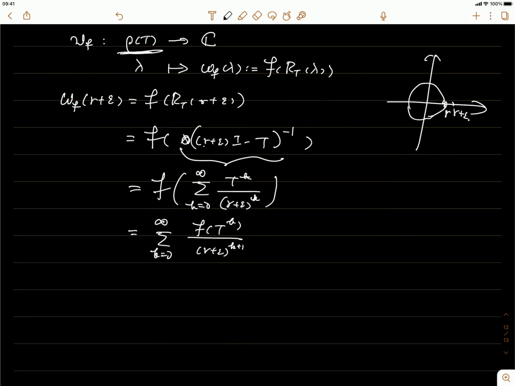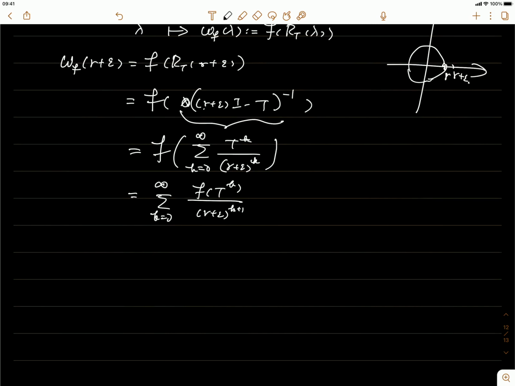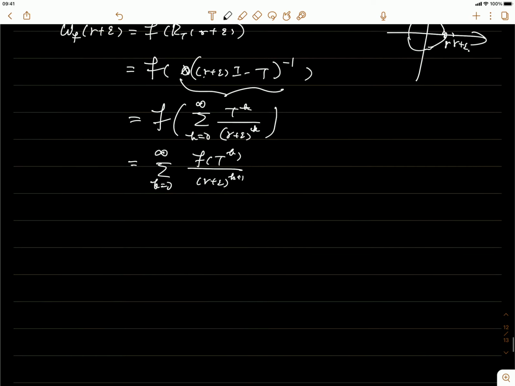And we know that this is convergent, meaning that for every k, each term is bounded. It should be finite because it's a bounded linear operator.